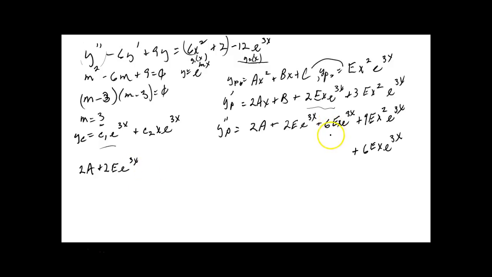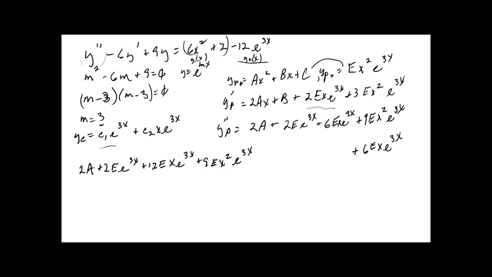And here we have a 6x and a 6x. I think that comes out to be a 12x e to the 3x, plus a 9x squared e to the 3x. So there's our y double prime. Whoa.